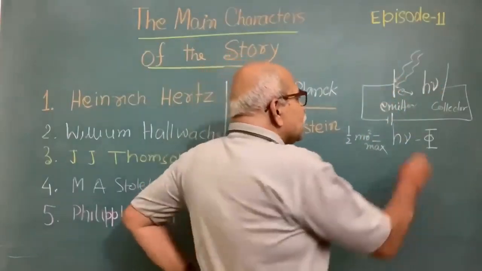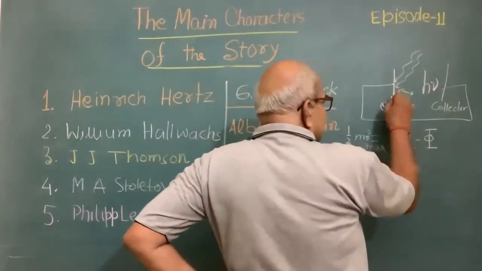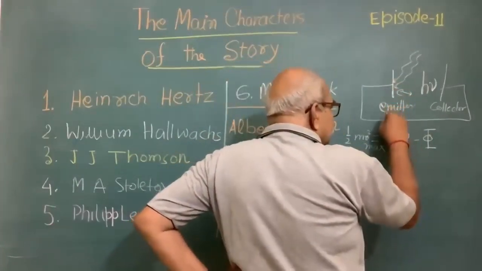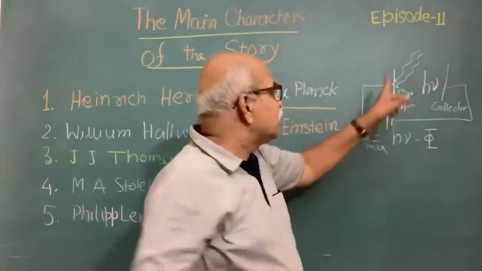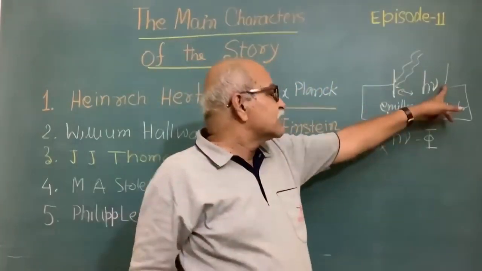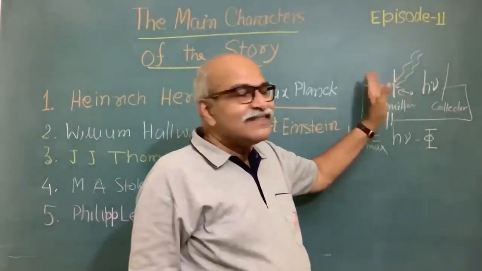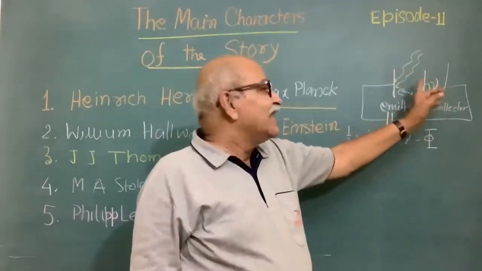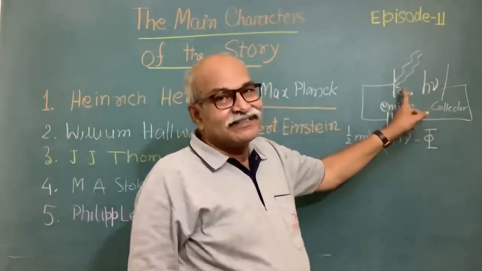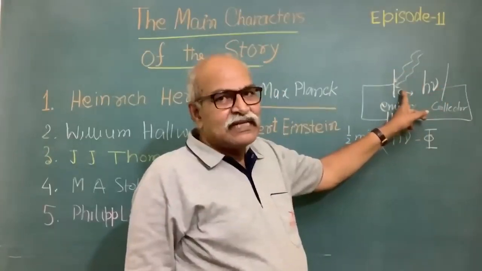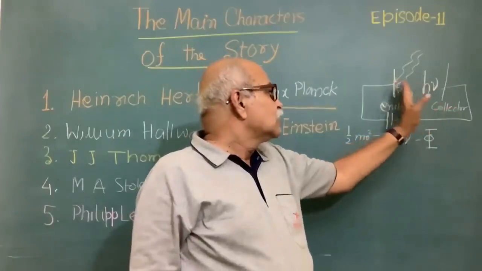If you make this positive, let us say this is at zero potential and this is at some positive potential, then the electric field is towards the right, and it will repel this electron. It will apply force on the electron towards the left.